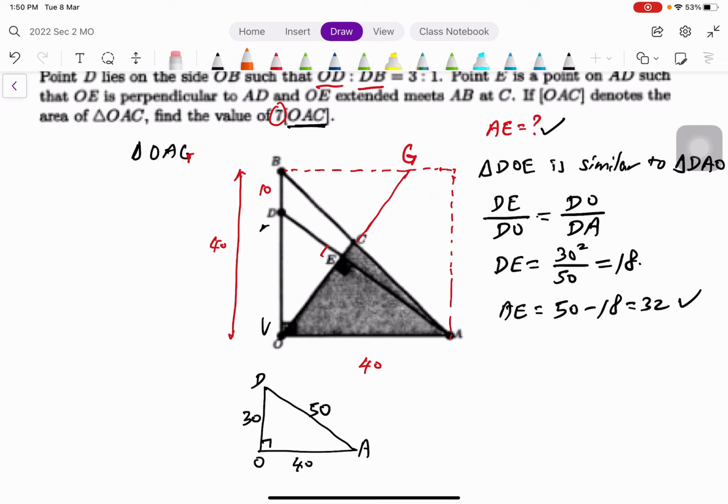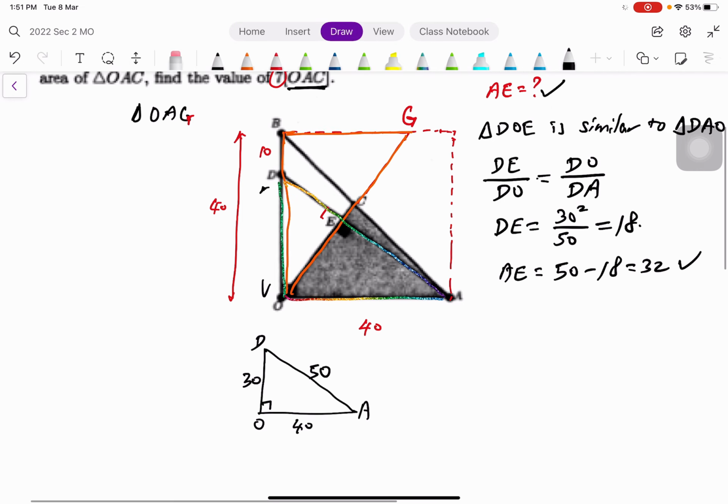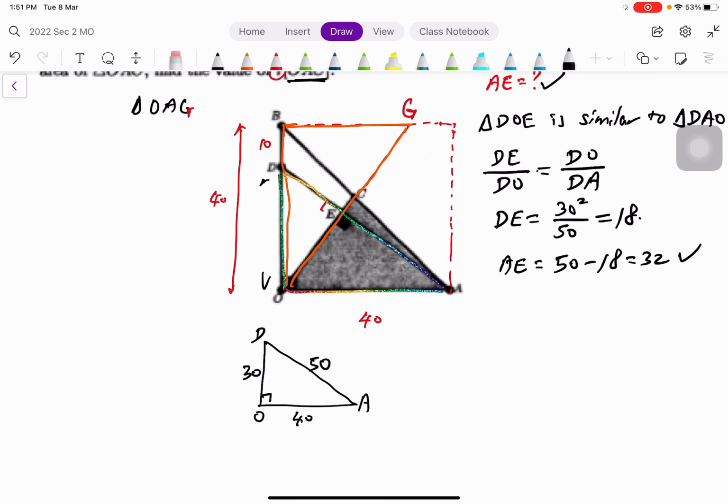I want to prove that these two triangles are congruent. That means looking at GOB, this triangle, and the other triangle, DAO. Let me highlight this one here. I want to prove that these two triangles are not just similar, but congruent. Can I say that for GOB, this angle and this angle are the same?